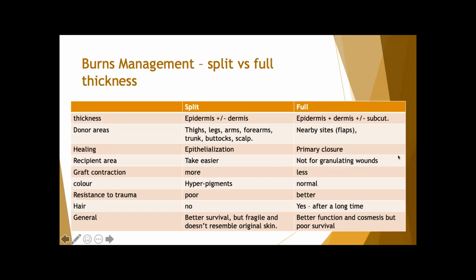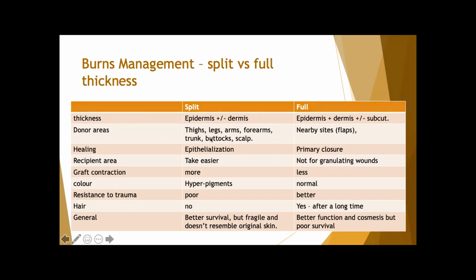So here's a table that summarizes the key differences between split and full thickness. Just to quickly go through it, your thickness, your split is obviously thinner. It's usually epidermis plus minus dermis. Full thickness is epidermis plus dermis and sometimes subcutaneous tissue.